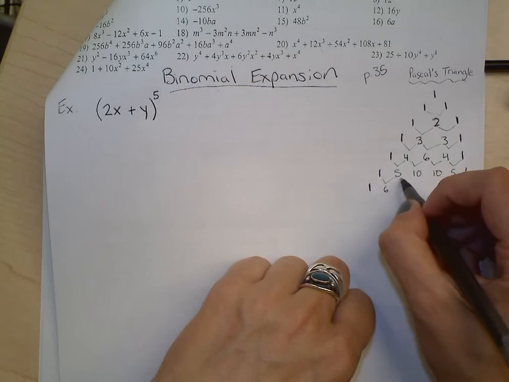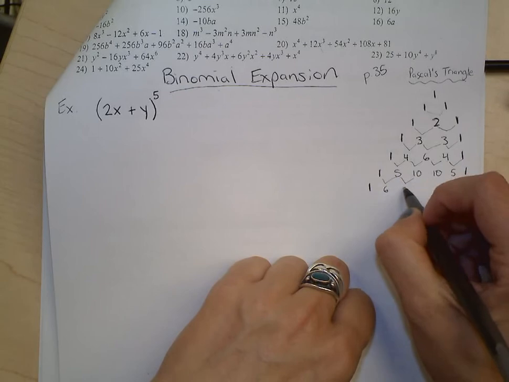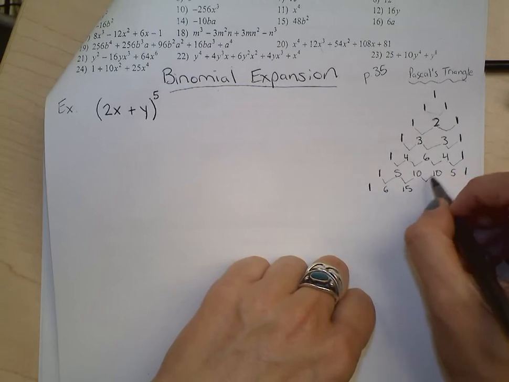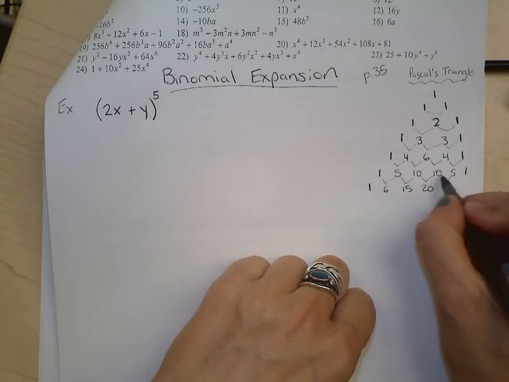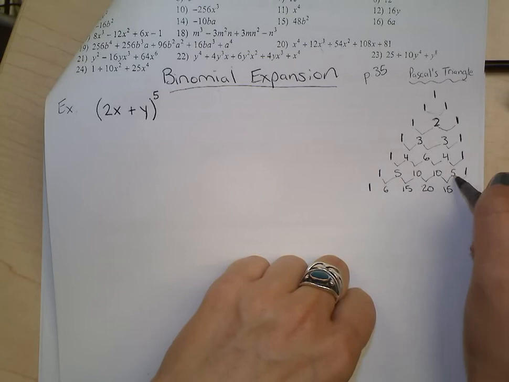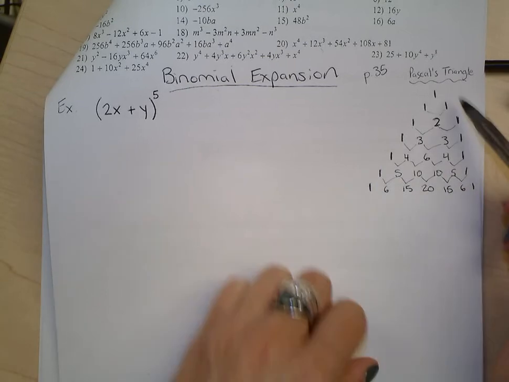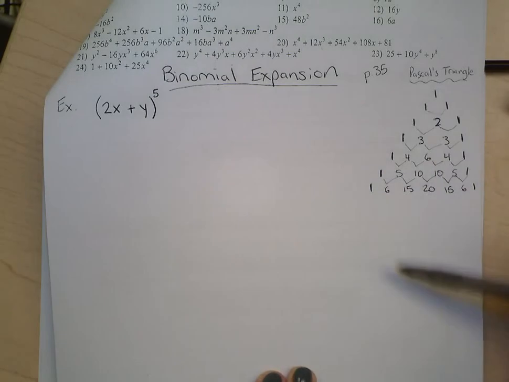I add what's above, the 5 and the 10, and I get 15. I add the 10 and the 10 and I get 20. I add the 10 and the 5 and get 15. I add the 5 and the 1 and get 6. And I end with a 1. So you can keep going throughout this whole triangle.